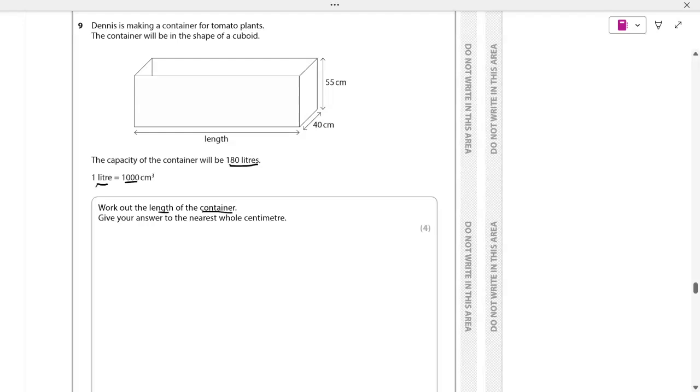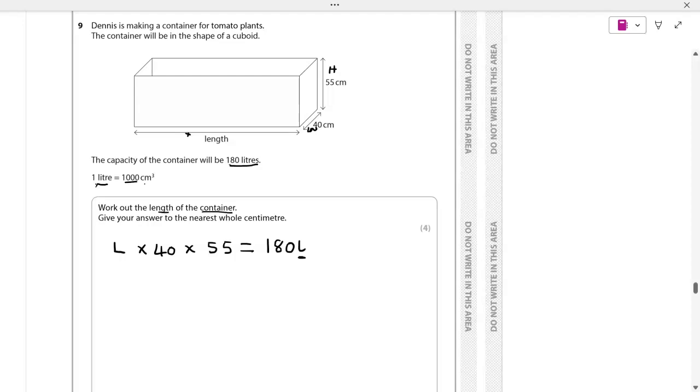From the cuboid, the length times 40, which is the width, times the height, which is 55, is equal to 180 liters.